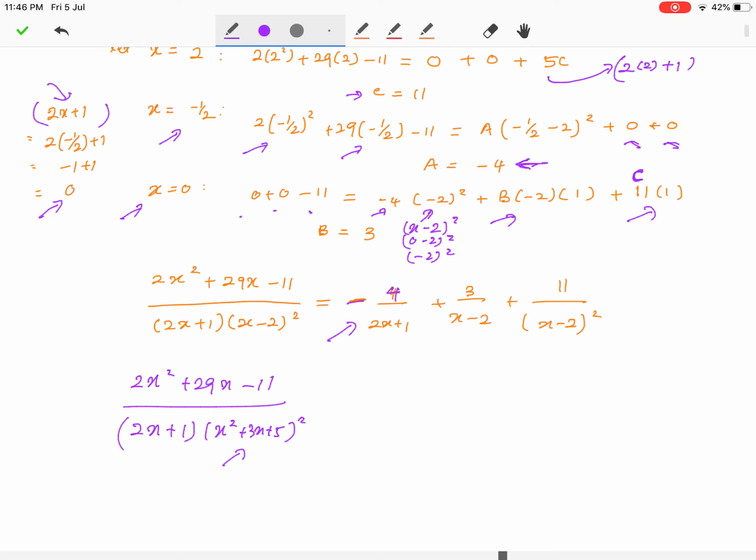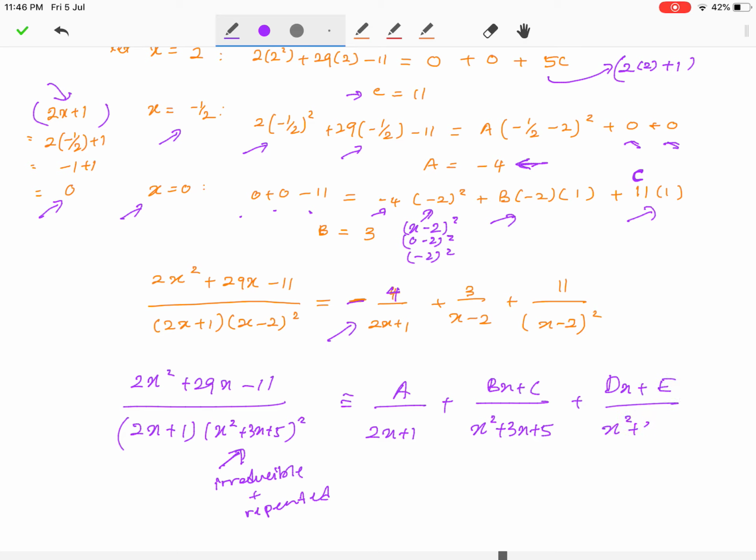This one has an irreducible quadratic, so you should write A over 2x plus 1 for the linear factor, plus, because the irreducible quadratic is repeated, Bx plus C for the irreducible quadratic, then plus Dx plus E over x squared plus 3x plus 5, all squared.